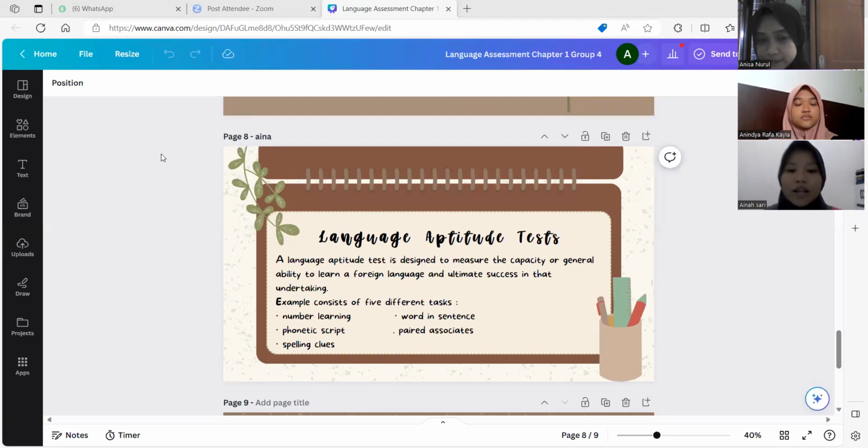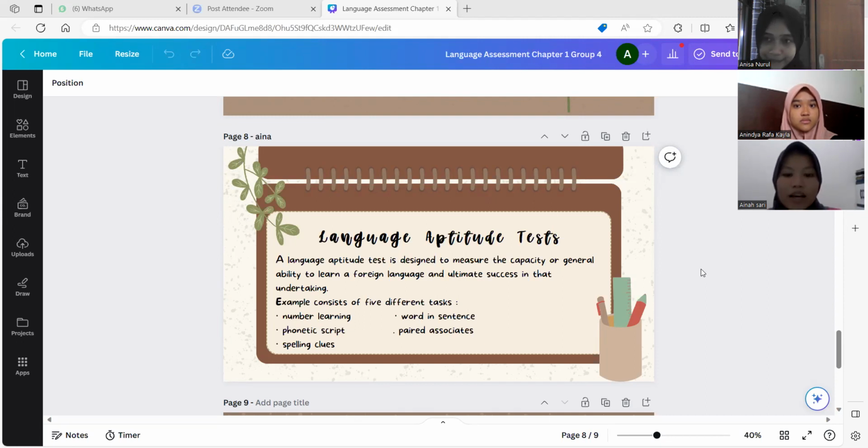And then there are 2 standardized aptitude tests that have been used. The first is the Modern Language Aptitude Test or MLAT, and the second is the Pimsleur Language Aptitude Battery or PLAB. Both are English language tests and require students to perform a number of language-related tasks.